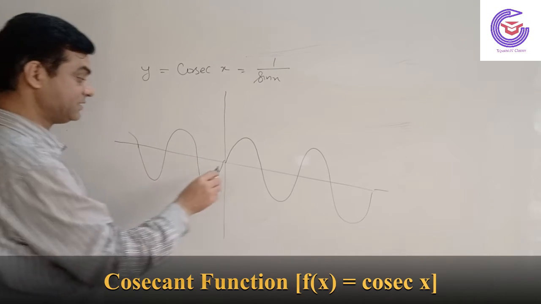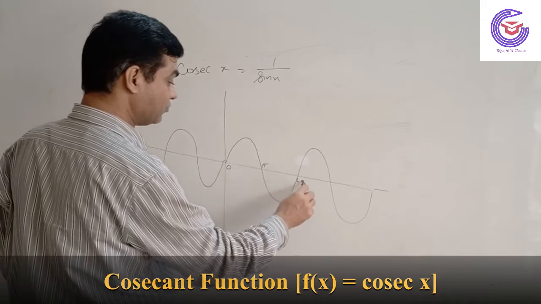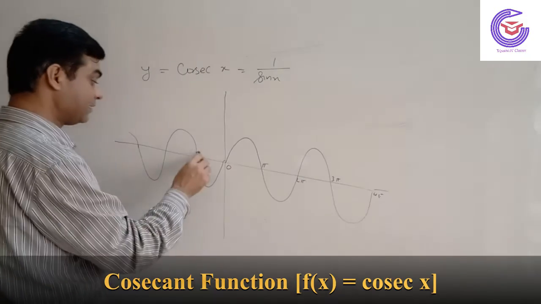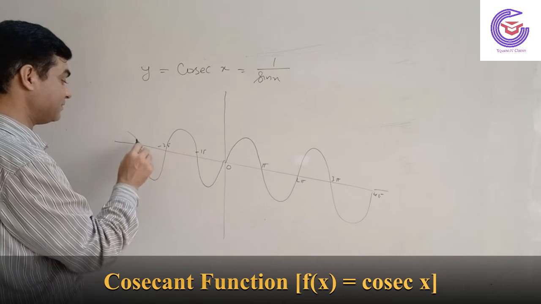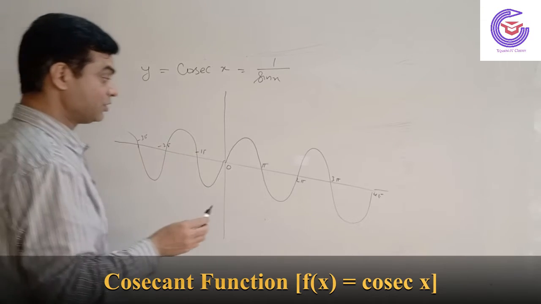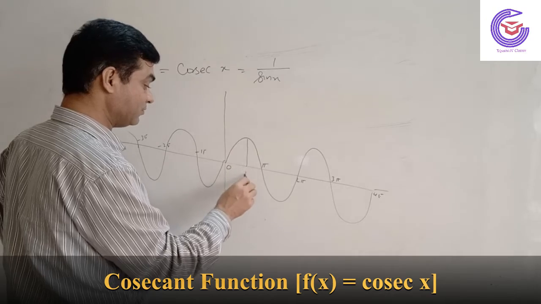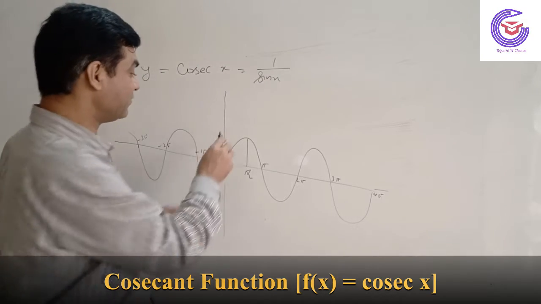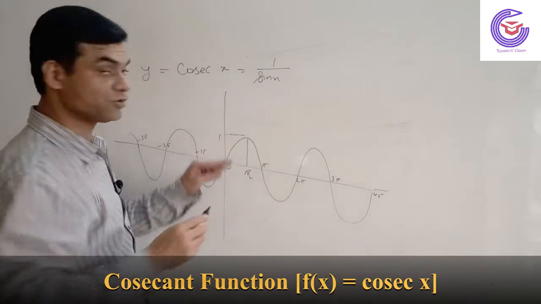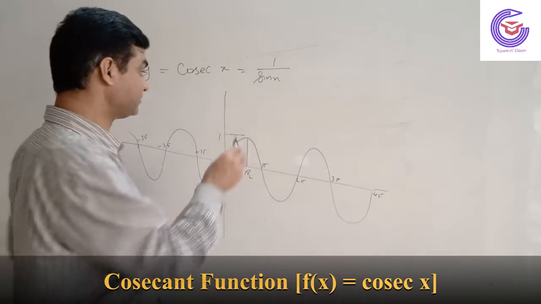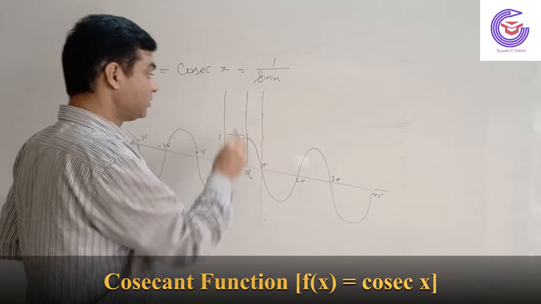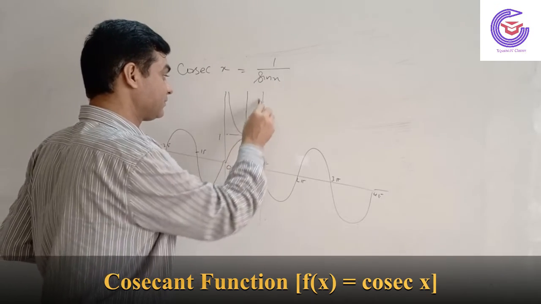Okay, this is your sin x, 0, pi, 2 pi, 3 pi, 4 pi, minus 2 pi, minus 3 pi. So this is your pi by 2. From 0 to pi by 2, the value is less than 1. So when you reciprocate, it will become greater than 1. So the graph will be like this.